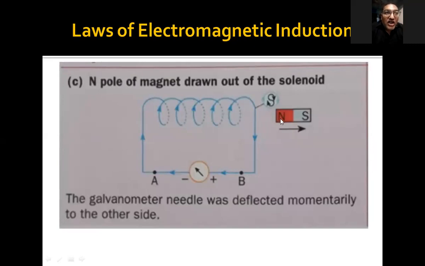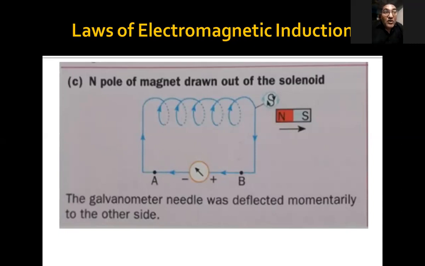This north pole of the bar magnet is going away. When it goes away, the galvanometer shows deflection. But you know, when the north pole was approaching the right side of the solenoid, the galvanometer showed deflection towards the right.